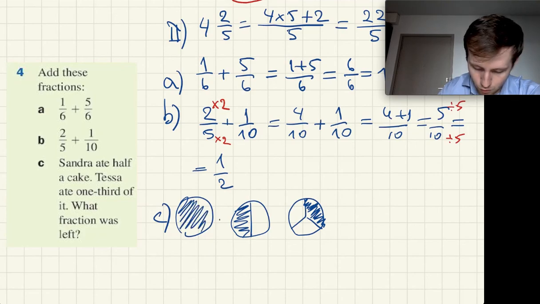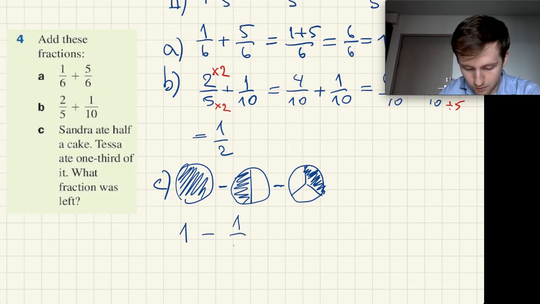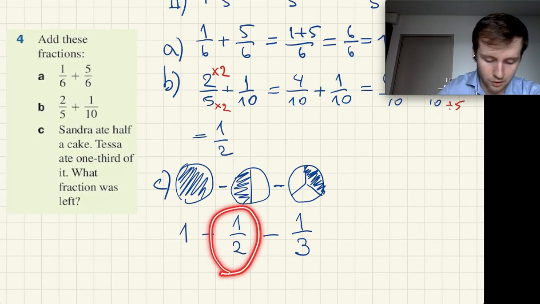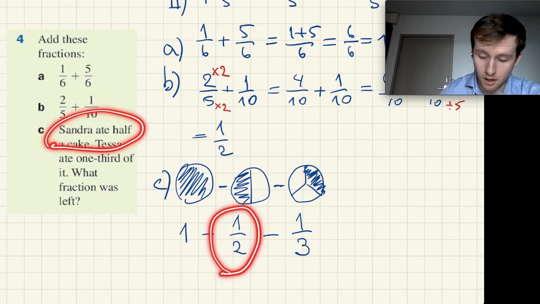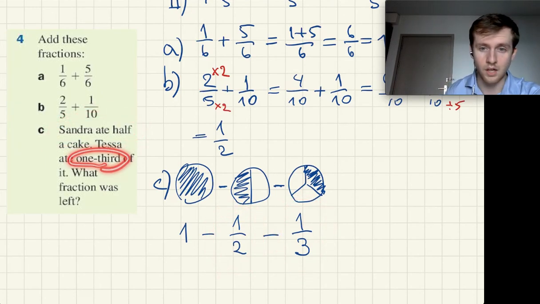And we have to minus 1/2 from it, and then minus 1/3 from it as well. So the whole cake is just one cake, minus 1/2 of this cake, and then minus 1/3 of this cake, because this is what Sandra ate, half a cake, and this is what Tessa ate. She ate 1/3 of a cake.